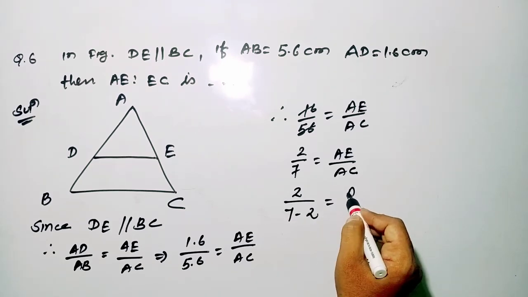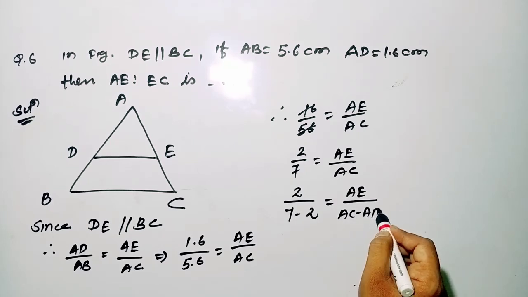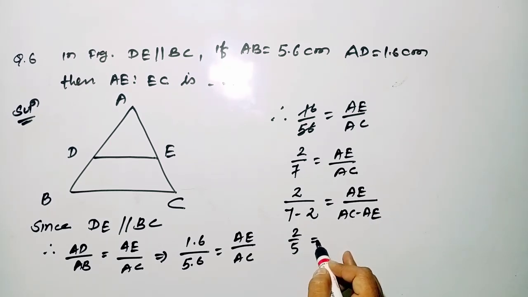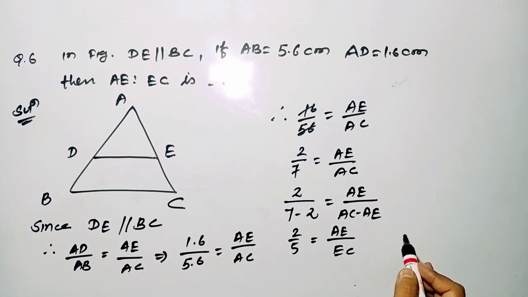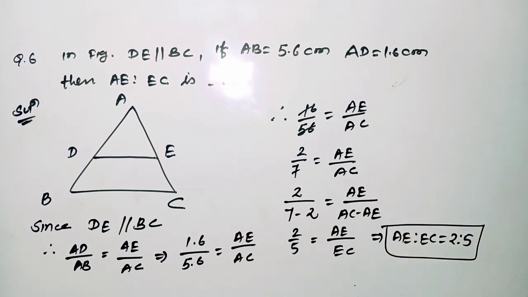Okay. So subtracting over here on both sides to find out EC, we get 2 by 5, AE upon EC. So AE is to EC is equal to 2 is to 5.